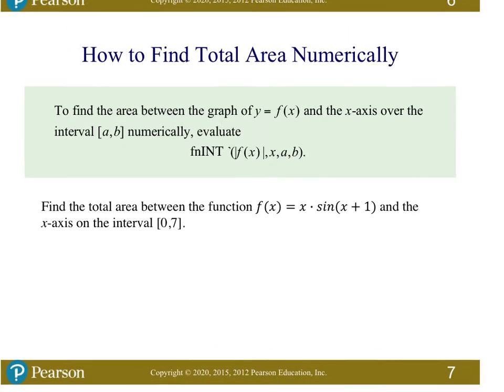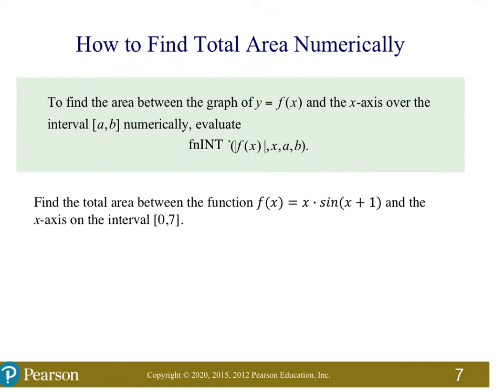All right, now let's do how to find the total area numerically. And numerically means with our calculator. So if you don't have your calculator yet, please grab it and make sure it's in radian mode so that we can move forward with this. To do it with the calculator, you're going to use the absolute value first.